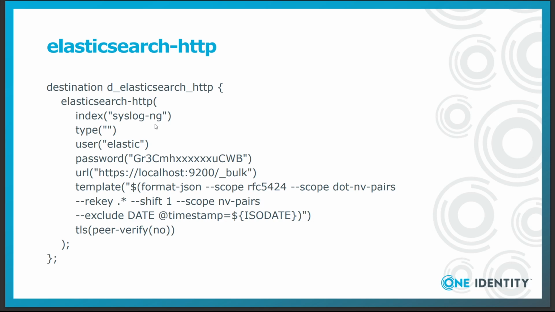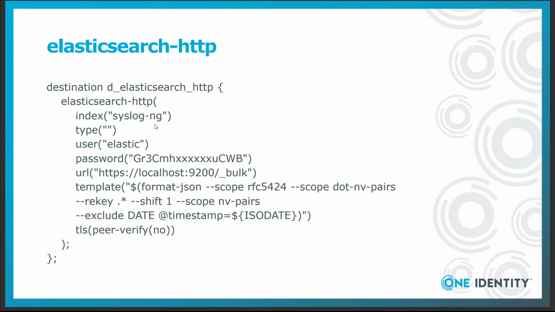There might be minor differences in the URL or template when sending logs to Opensearch, Zinc, or Humio. You can find configuration examples in the Syslog-ng blog. The index is the database name where Syslog-ng sends the log messages. Type was used for Elasticsearch 6 and earlier.